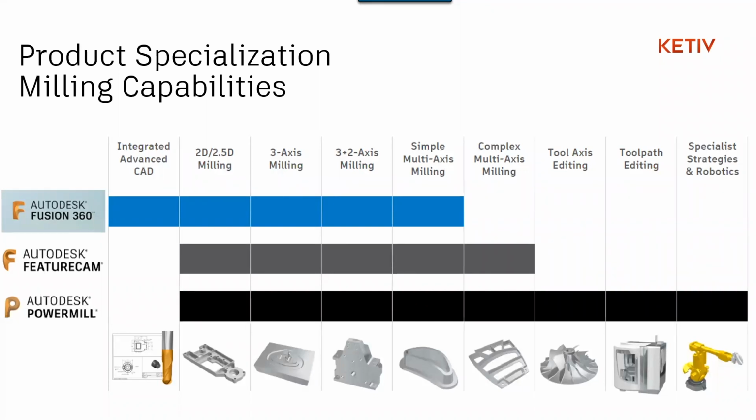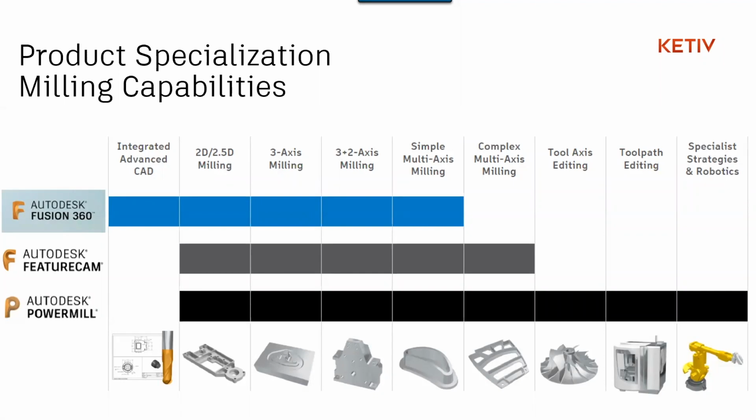For those of you that are aware, Fusion 360 is a platform for your everyday designer and engineer. It has everything from CAD, simulation, rendering, and CAM as well. So if that's something you need or are looking for, then that might suit you best. You can also do 2.5 milling, 3-axis, all the way up to multi-axis milling.